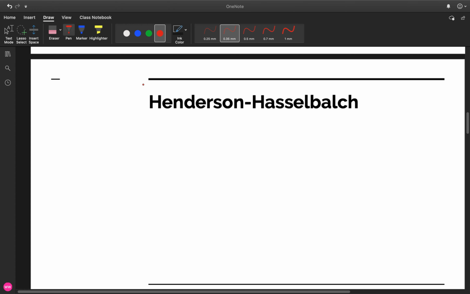However, there's a really nice, straightforward equation, which is provided for you on the AP sheet: the Henderson-Hasselbalch equation. pH is equal to the pKa plus the log of the concentration of the base divided by the concentration of the acid.